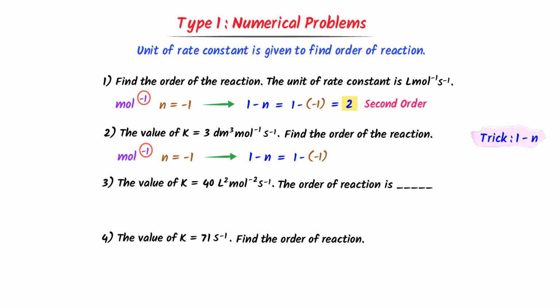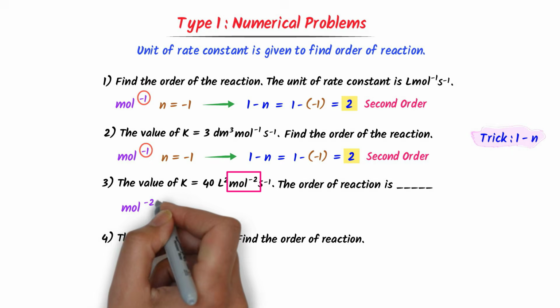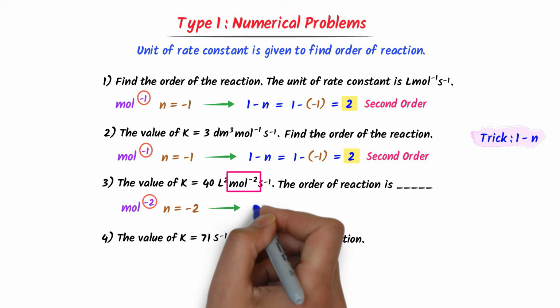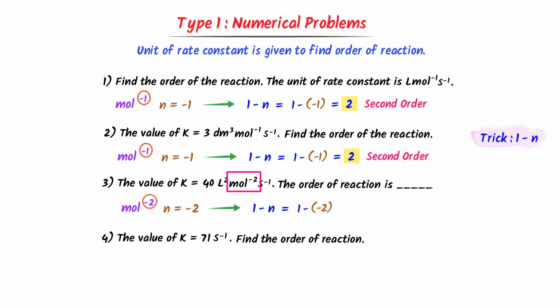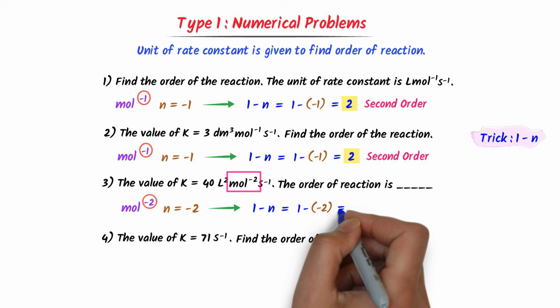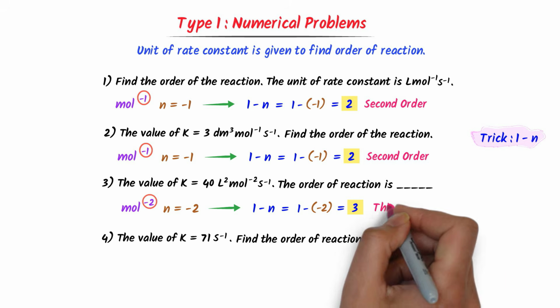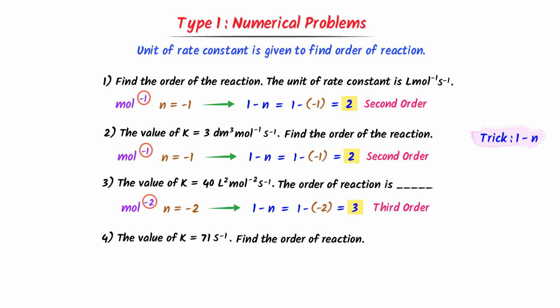After calculation, I get 2. Thirdly, I write mole and its power is -2. According to the trick, I write 1 minus n or 1 minus (-2). After calculation, I get 3. So the order of this reaction is 3.